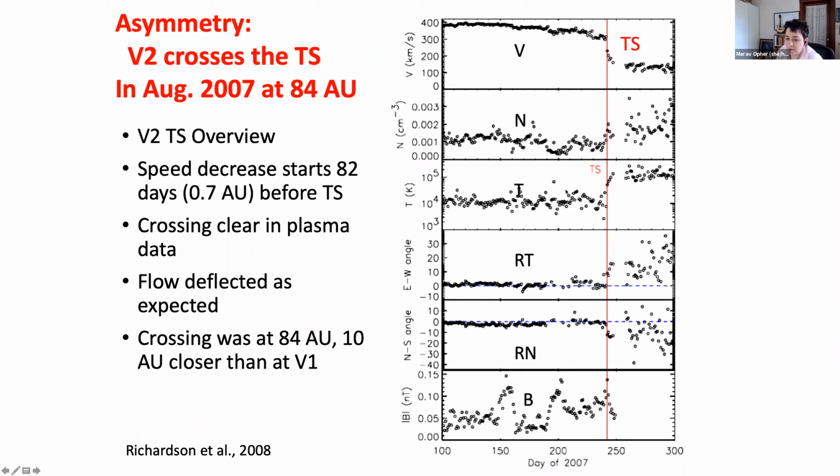Let me just mention one thing about this temperature of 10 to the 4. If you take a solar wind from the sun and you adiabatically expand it to the end of the heliosphere, the temperature should fall much quicker. The temperature should not be as hot as 10 to the 4 Kelvin. The fact that the solar wind is as hot as 10 to the 4 Kelvin means that something is heating up the solar wind.